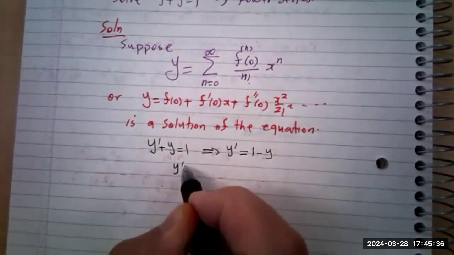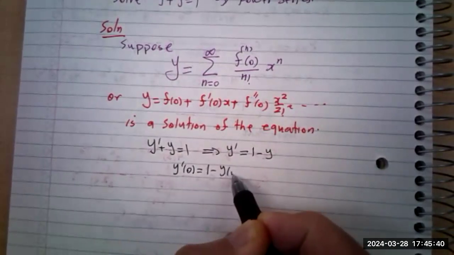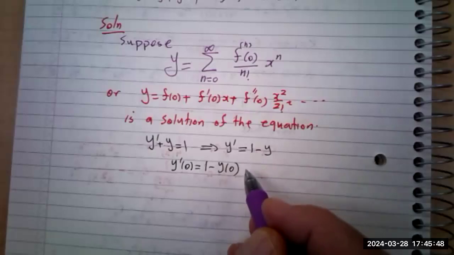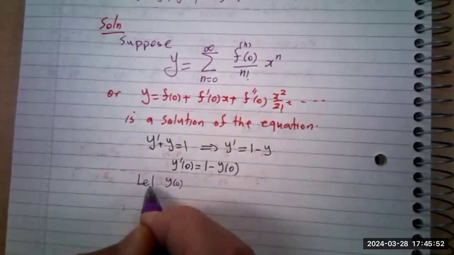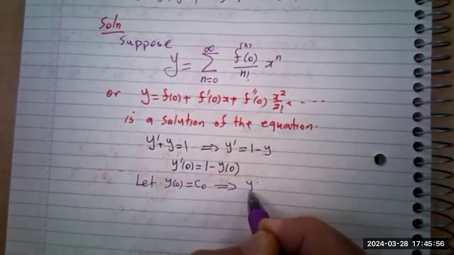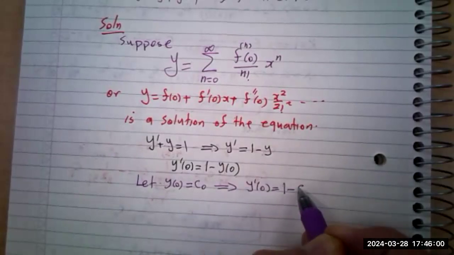That gives y prime of 0 equal to 1 minus y of 0. Y of 0, you can call it C naught, because you can have one constant. So let y of 0 be equal to C naught. Then y prime of 0 is equal to what? 1 minus C naught.